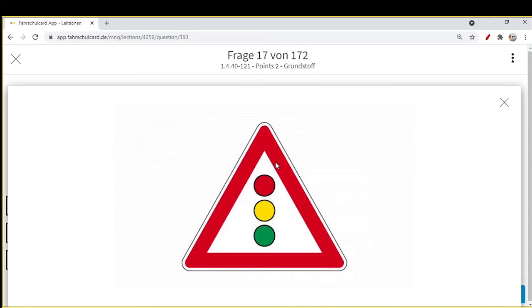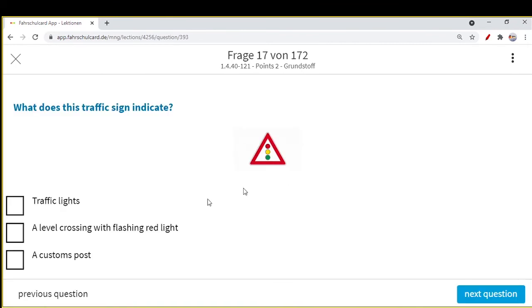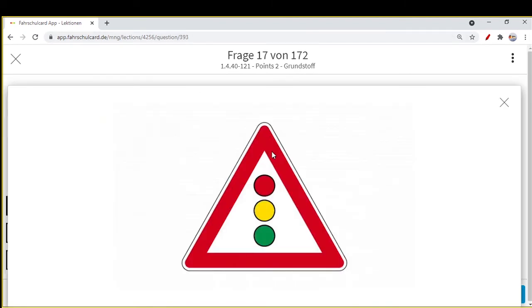They say that there is a traffic light ahead, so be very careful. This sign tells you there is a danger, like there is a traffic signal present, so you need to follow that traffic signal. So this sign is only indicating that one. Traffic lights, yeah, this traffic sign indicates there are traffic lights which are not clear or visible to you due to some reasons, so it is only for that.